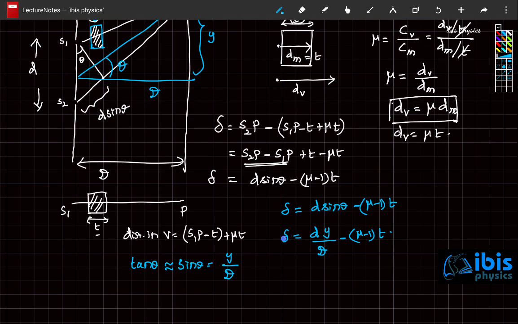If this delta is n lambda, it is a bright fringe. So just multiply all of it.